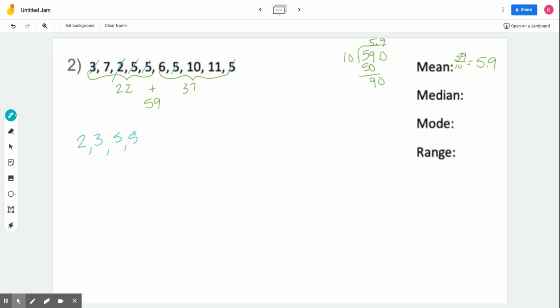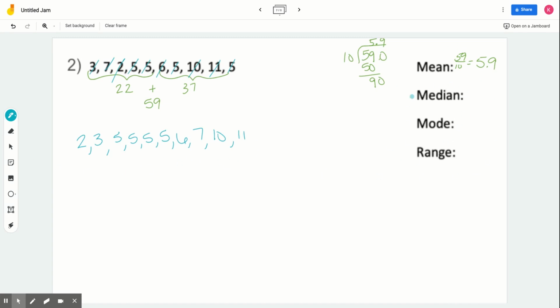I have a 6, a 7, a 10, and an 11. Now, I know that I should have 10 pieces of data from when I did the mean. 1, 2, 3, 4, 5, 6, 7, 8, 9, 10. I know I didn't forget anything.